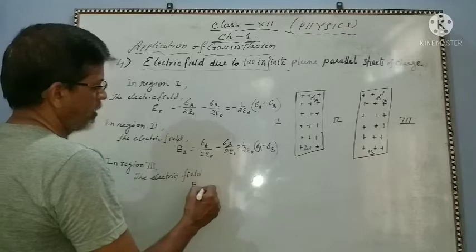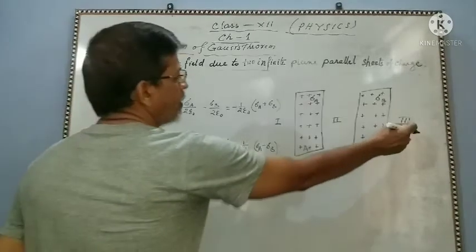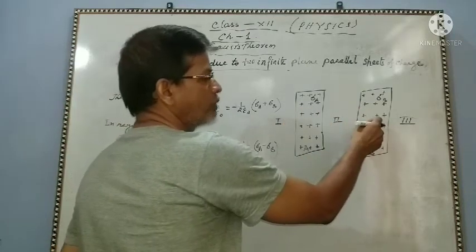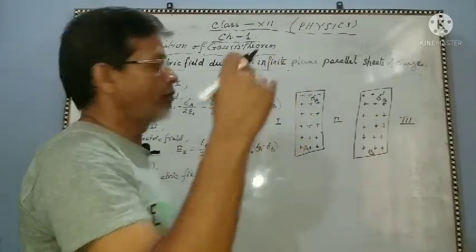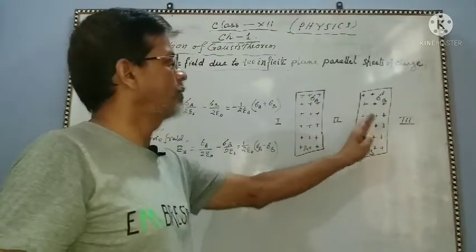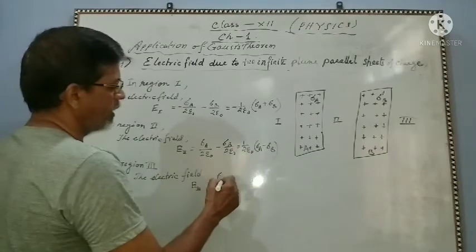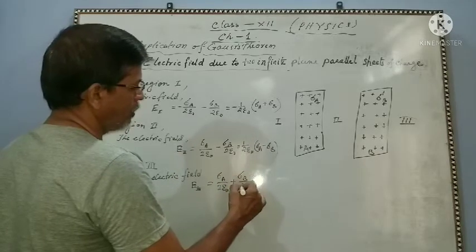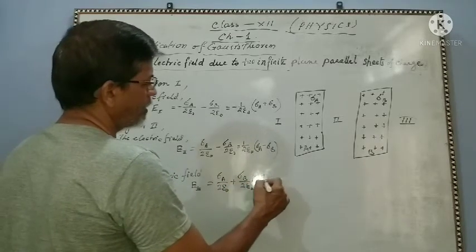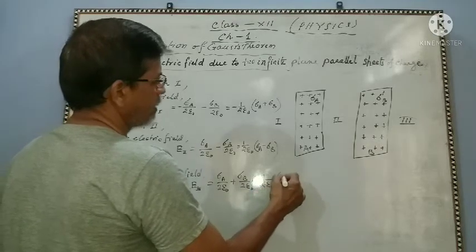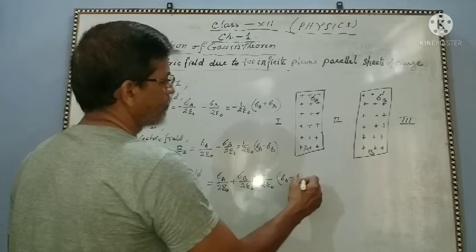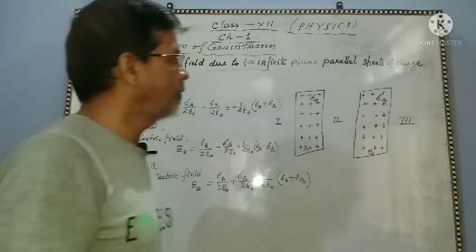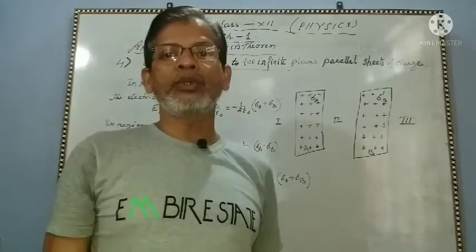E3 equals, this place is to the right of plate A and also to the right of plate B. So both contributions will be positive: sigma A by twice epsilon naught plus sigma B by twice epsilon naught. So 1 by twice epsilon naught common, sigma A plus sigma B. This is the electric field if two plane sheets are placed parallel to each other.